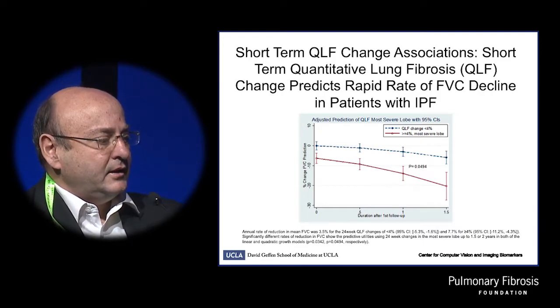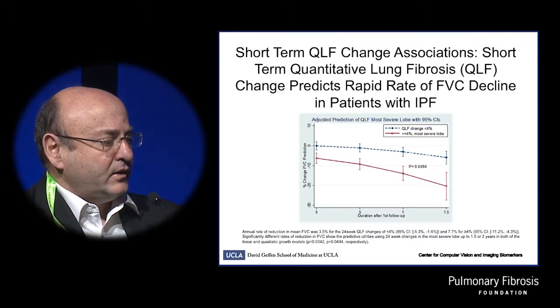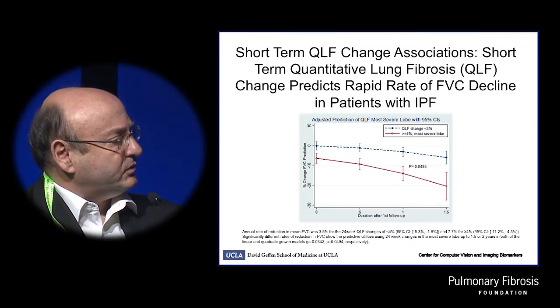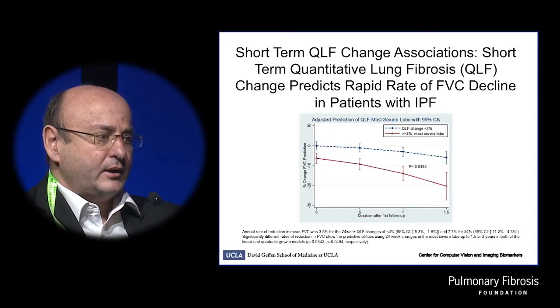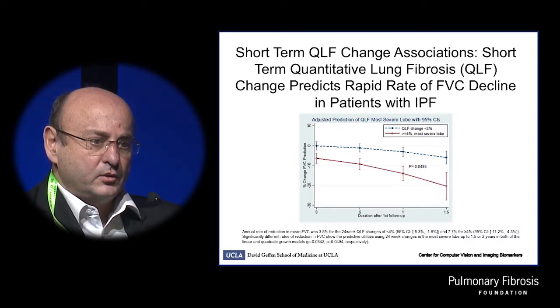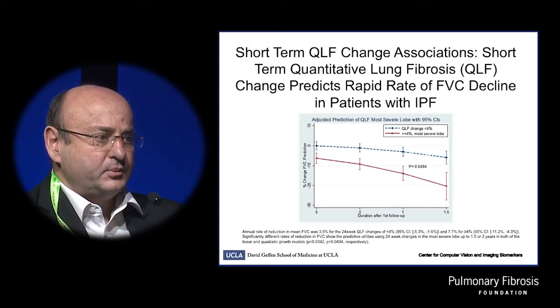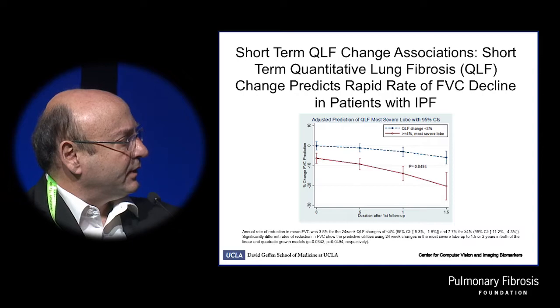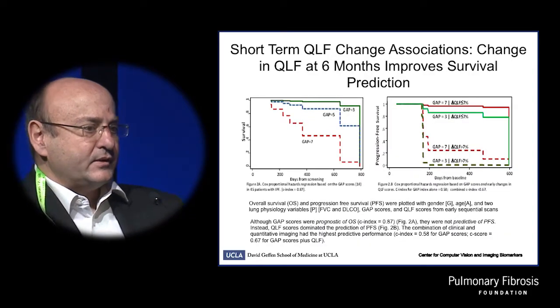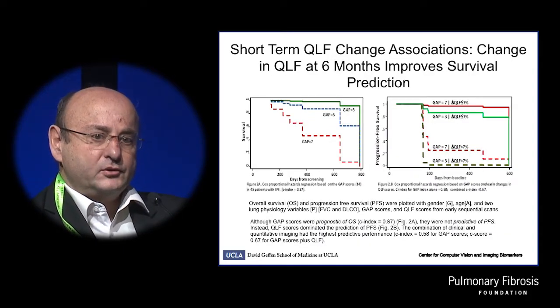And here you see that a change in QLF of a certain percentage at 6 months is highly predictive of slower versus more rapid decliners. In a small cohort, we're not there yet, but this is the kind of validation work that we'd like to see everybody doing.